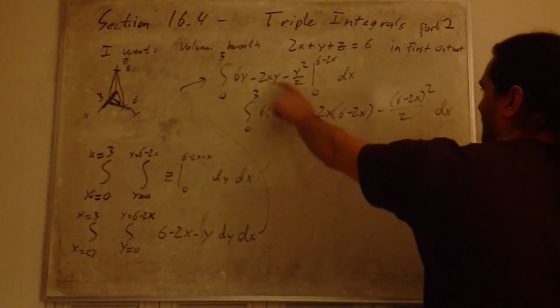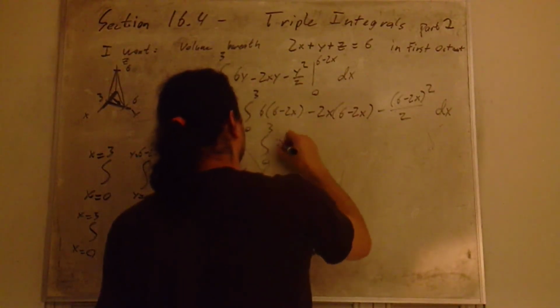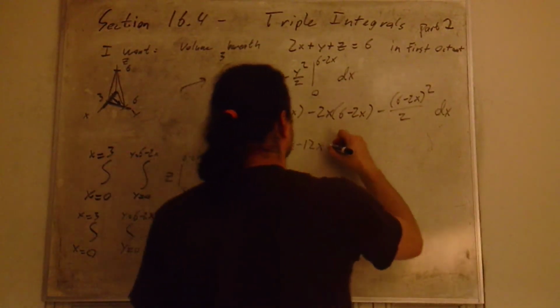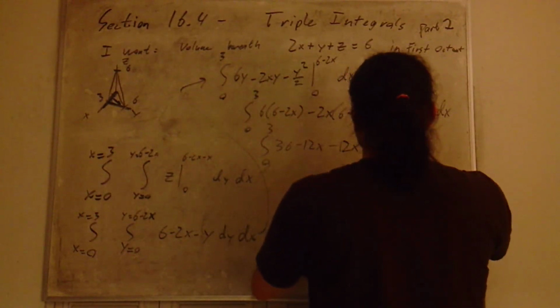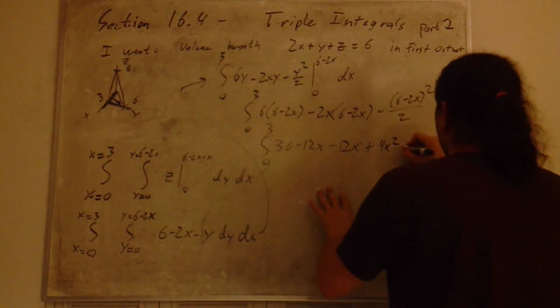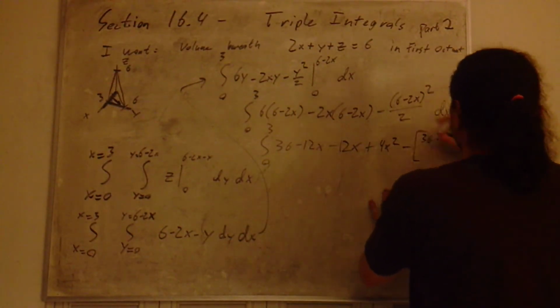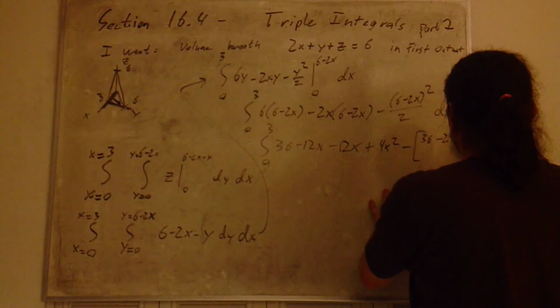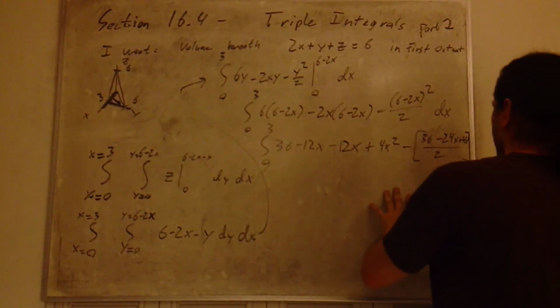Because when you evaluate at 0, it's all just 0. So, from 0 to 3, 36 minus 12x minus 12x plus 4x squared minus 36 minus 24x plus 4x squared over 2 dx.